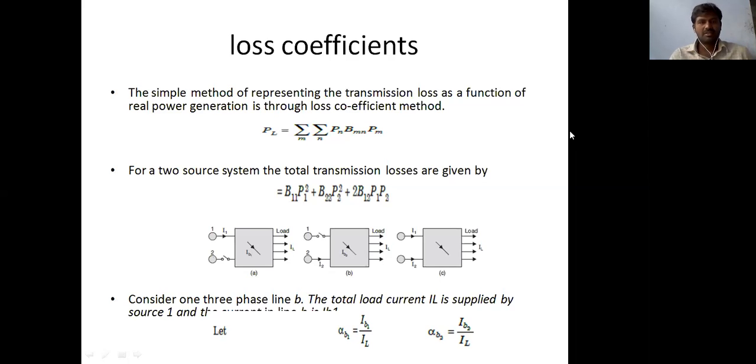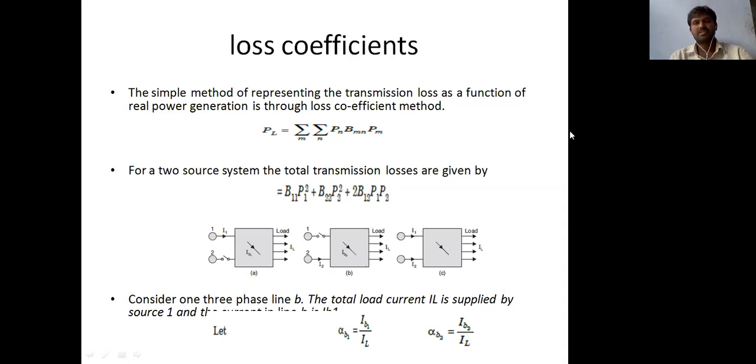In this method, the transmission loss formula is PL equals sigma over M and sigma over N of PM BMN PN. This is the total transmission line losses formula.